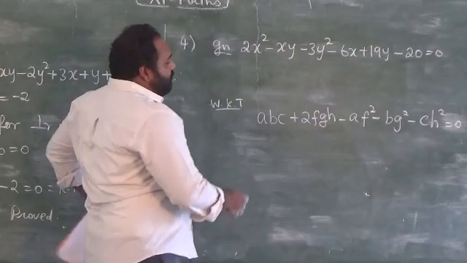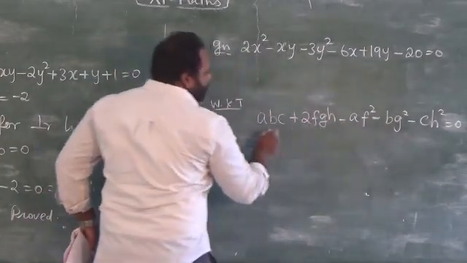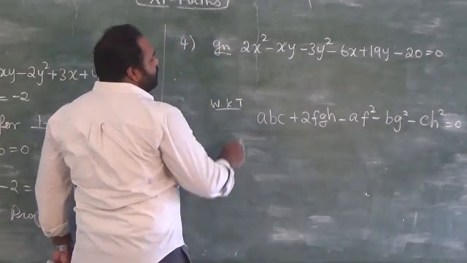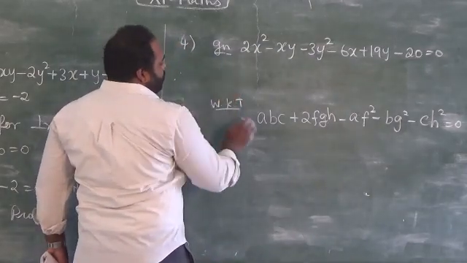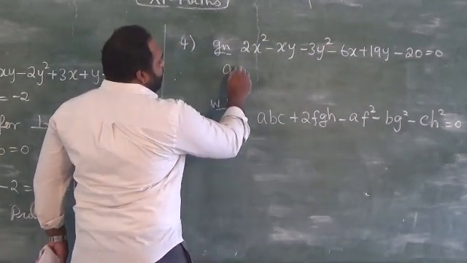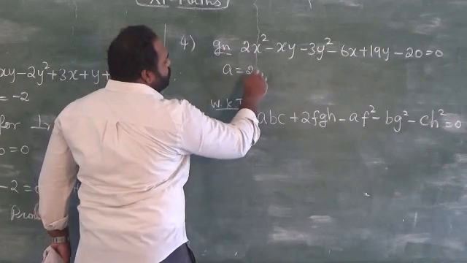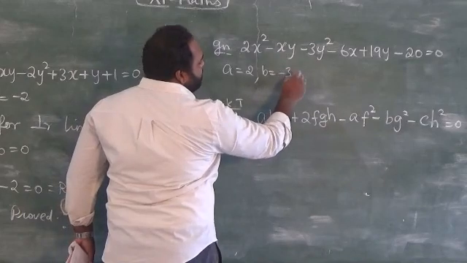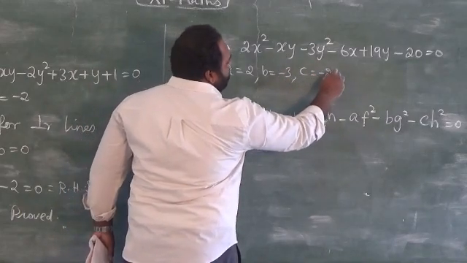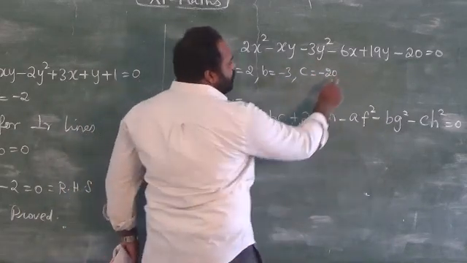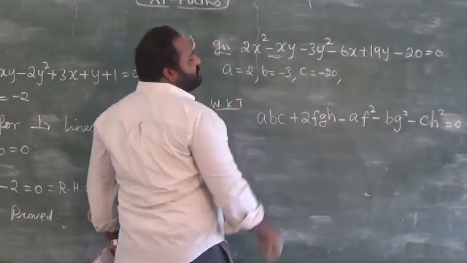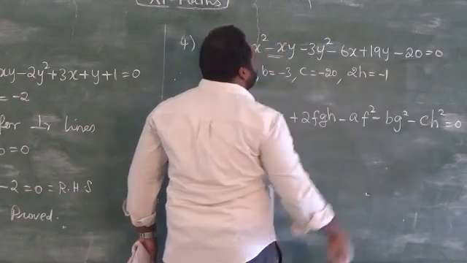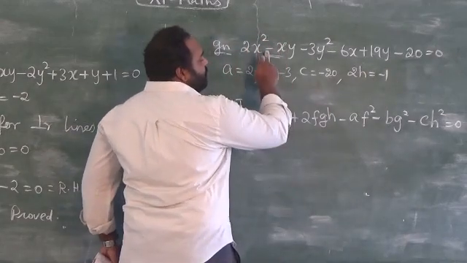Now for applying all this, we need the ABC values, FGH values, all those values. Already I told you how to find the ABC values. So A value is coefficient of x square, it is 2. B value is coefficient of y square, it is minus 3. C value is the constant, minus 20. Next, coefficient of xy is 2h.